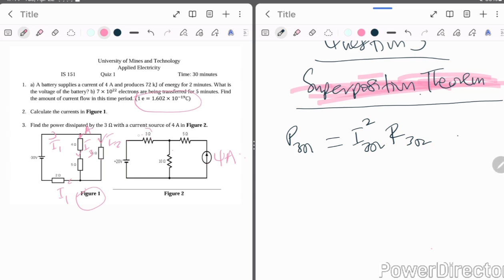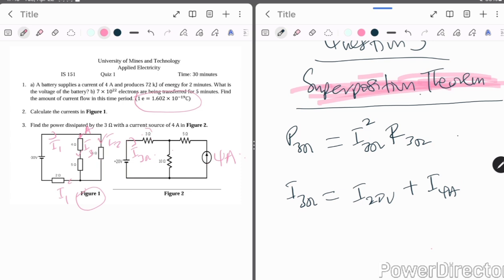And to find this current, we'll label it at the 3 ohms resistor. This current is going to be equal to the algebraic sum of the current due to the 24 volts acting alone plus the current due to the 4 amps acting alone.